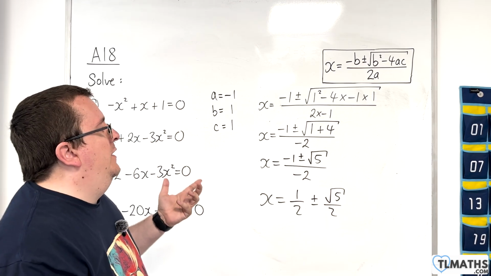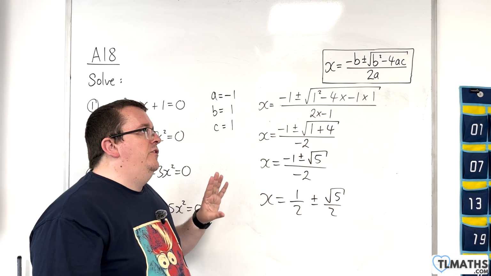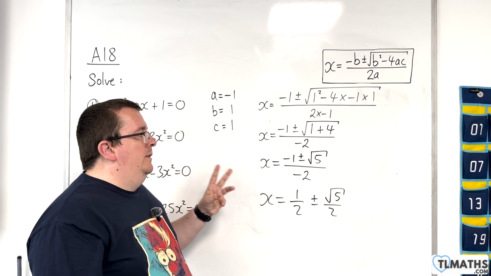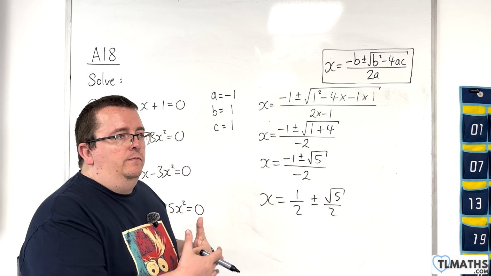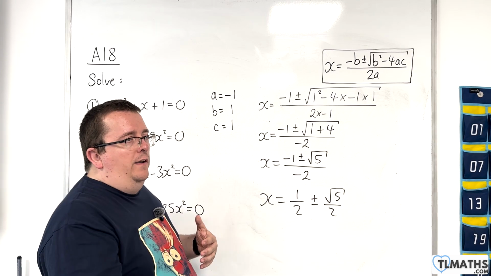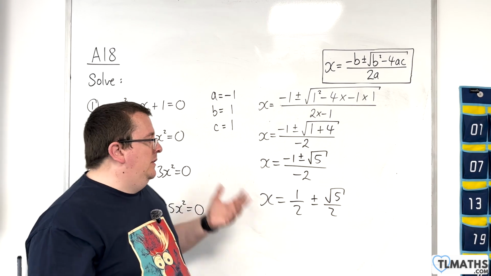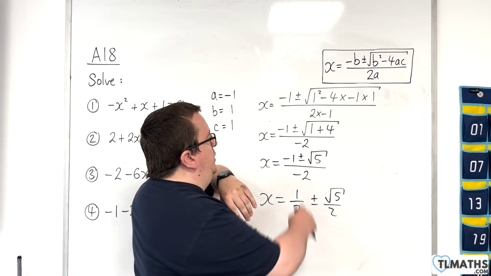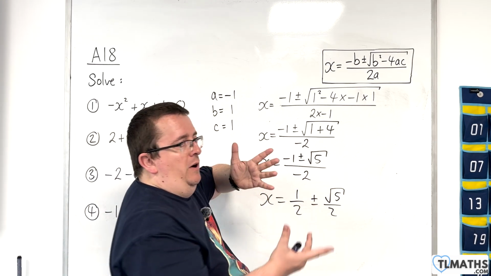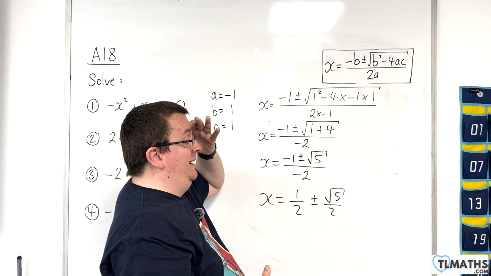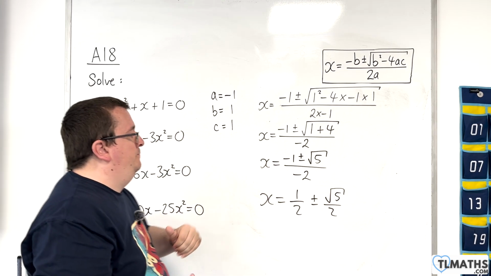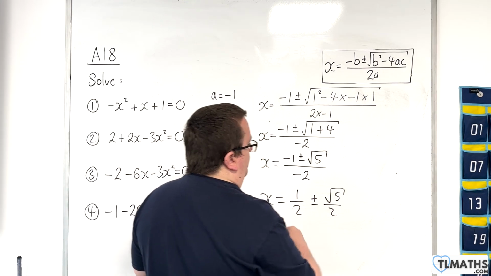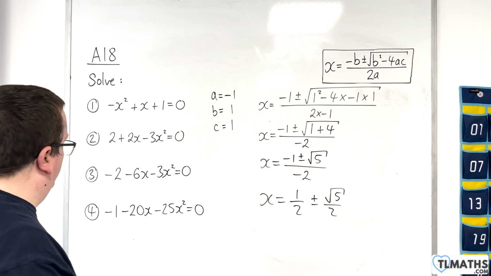The only difference is that, although there's no inherent order to the plus minus, in the fact that one solution comes before the other, all you would be doing is changing the plus minus to minus plus, but it doesn't make any difference here. So essentially we can just have plus minus root 5 over 2.